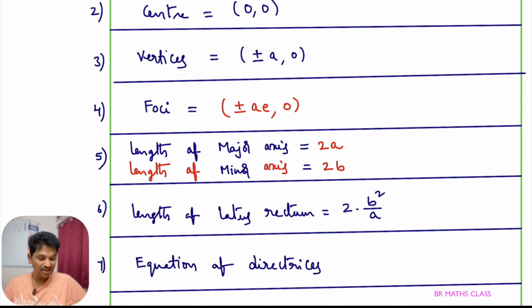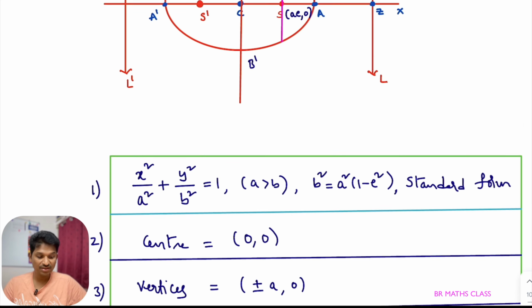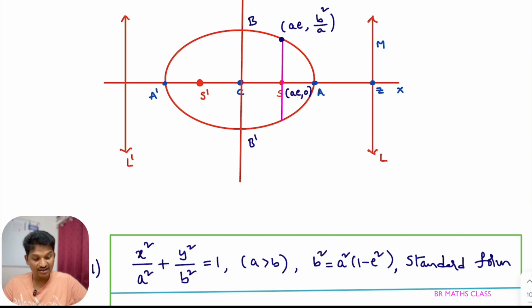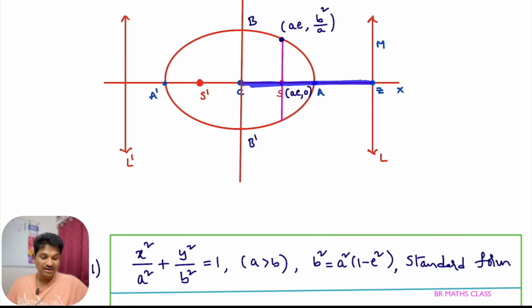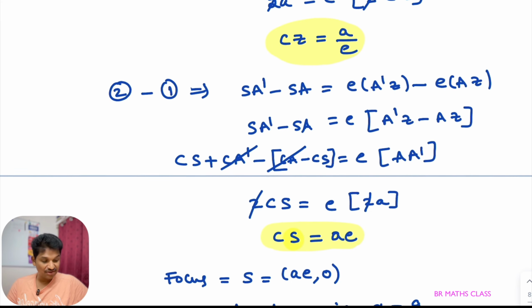Next one is equation of directrices. See, this is directrix, this is directrix. Here, as the ellipse is symmetrical about the coordinate axis, we will get two directrices, so we call them directrices, right? As you know, while deriving this, we got CZ.